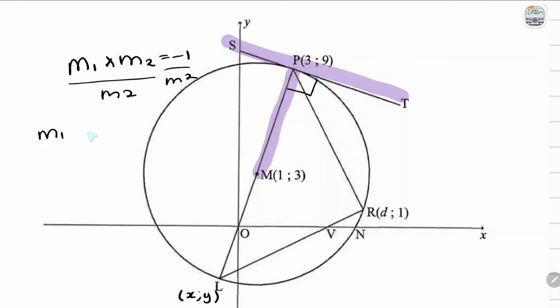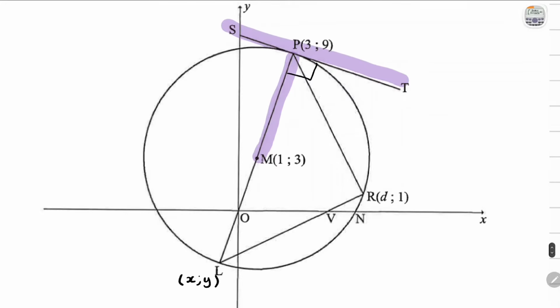So the gradient of the one line will be equal to negative 1 divided by the gradient of the other line. That's really what we're doing here. The first thing we're going to find, because we need the equation of this tangent line, is the gradient. We don't have the gradient of the tangent. However, we can find the gradient of the radius. M to P gives you your radius.